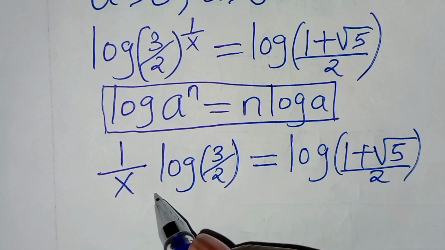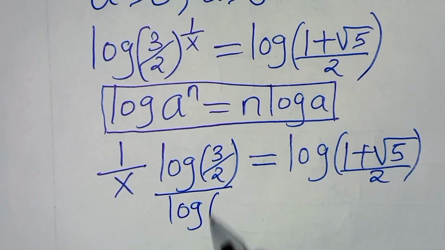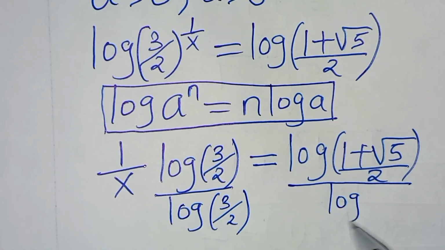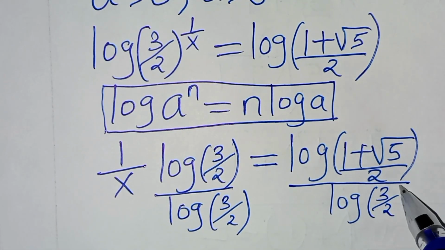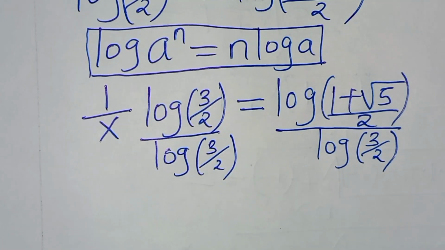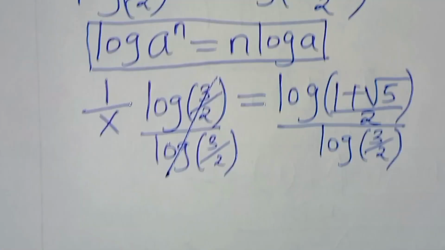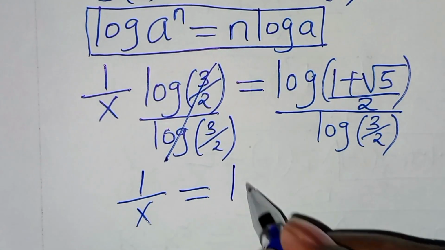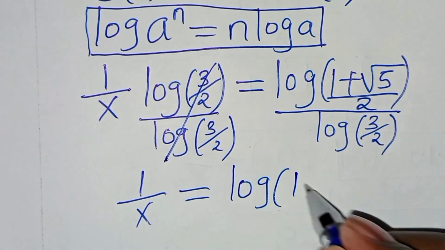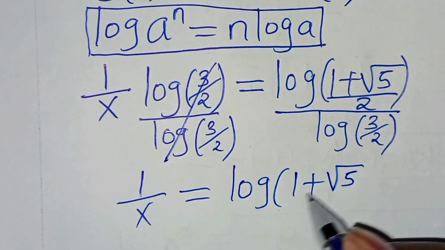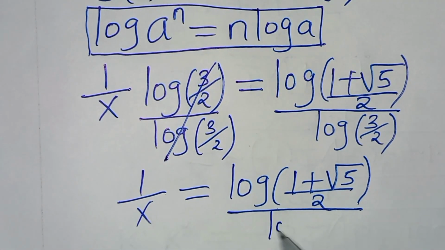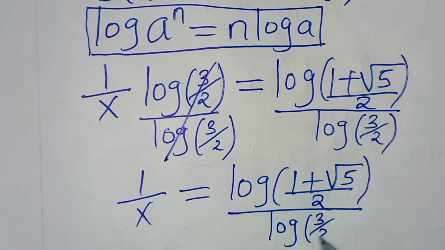The next step is to divide both sides by log (3/2). So we have 1/x equal to log of (1 + √5)/2, all divided by log (3/2).